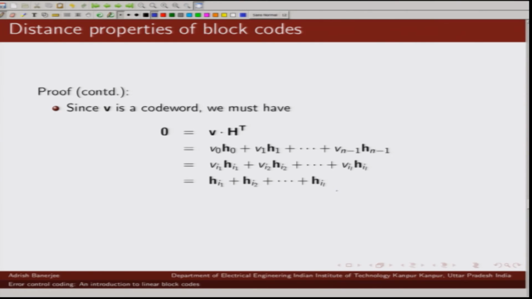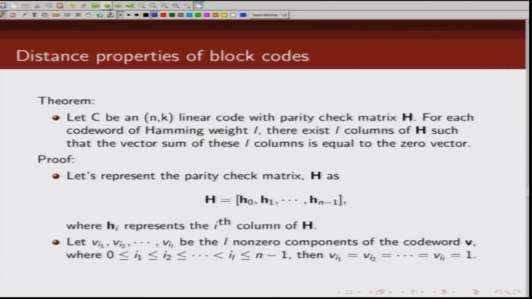So, what does this say? It says that if we do the vector sum of these L columns of the parity check matrix, then their vector sum is 0, and that is what the theorem is about: for each code word of Hamming weight L, there exist L columns of the parity check matrix whose vector sum is 0.